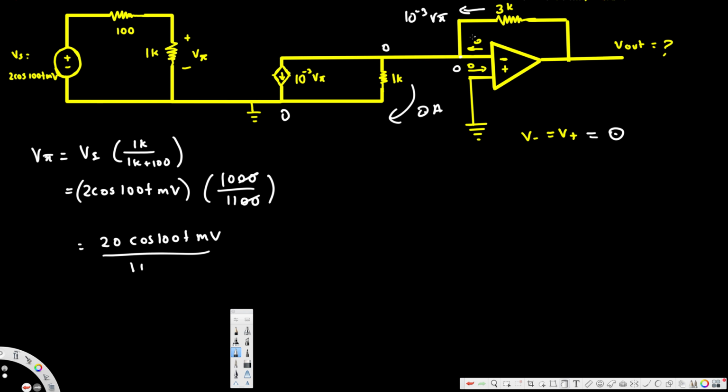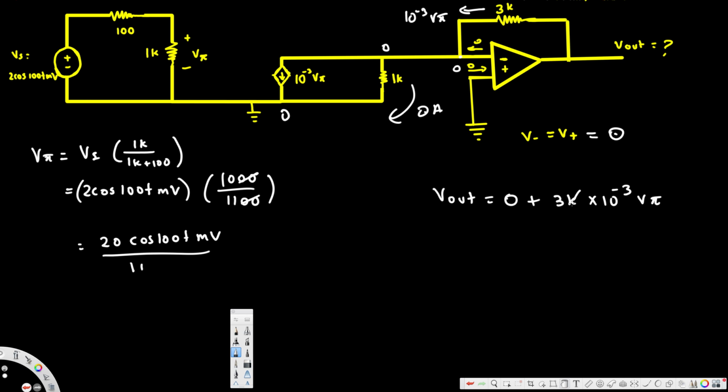So we can now find Vout using V equals I times R. We have the resistance, we have the current, so we can calculate the Vout voltage. Vout is going to be 0 plus this voltage, that's 3K times 10 to the power of minus 3 V5.